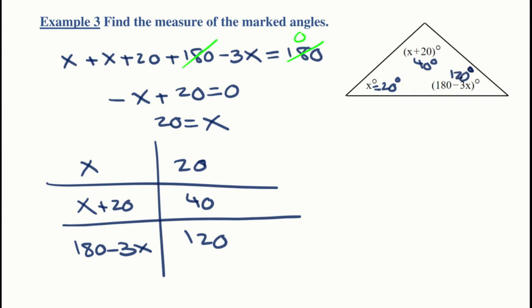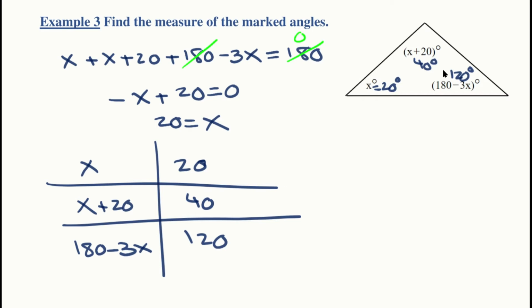Notice that it is not drawn to scale, right? So one quick check that we can go through is just add those 3 up, make sure that we get 180. Do we? Notice 120 plus 40 is 160 plus 20 is 180, so we should be in good shape.